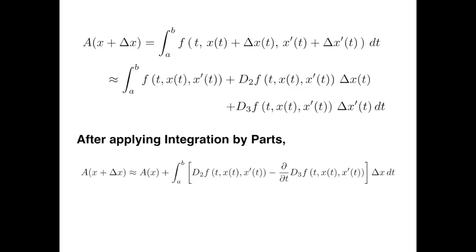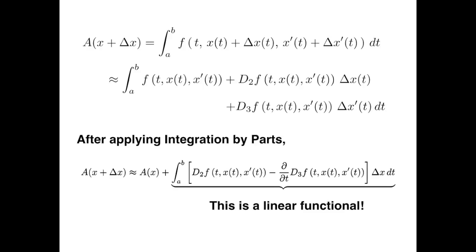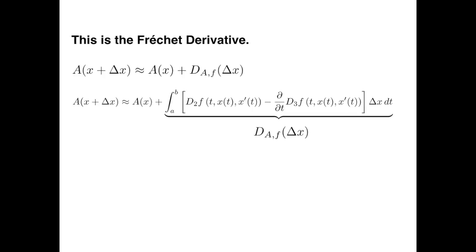A of x plus delta x is approximately equal to A of x plus this thing that has a delta x in it. And this, it turns out, is a linear functional. And so this is the Frechet derivative of A at f applied to delta x.